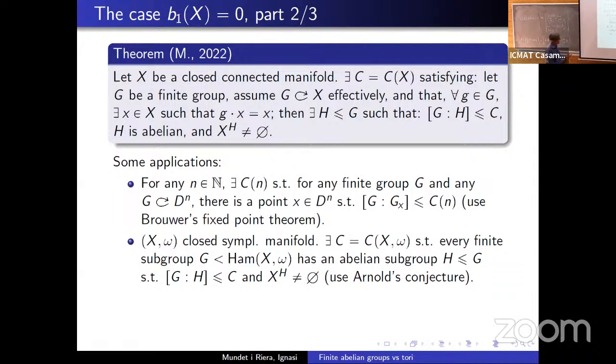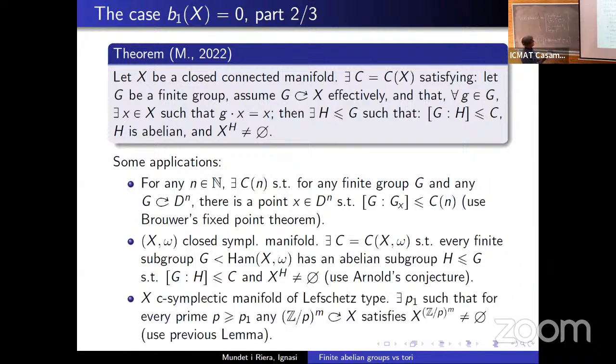So this implies the following. There is a constant that depends only on the symplectic manifold, and a priori also on the symplectic form, such that for any finite subgroup of the group of Hamiltonian diffeomorphisms, there is an abelian subgroup of index at most C and with a fixed point.